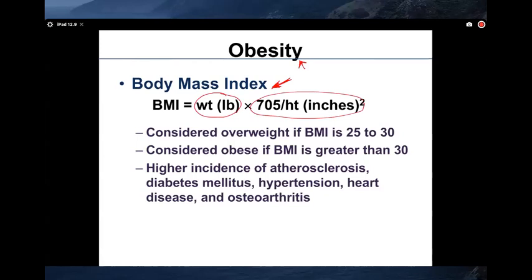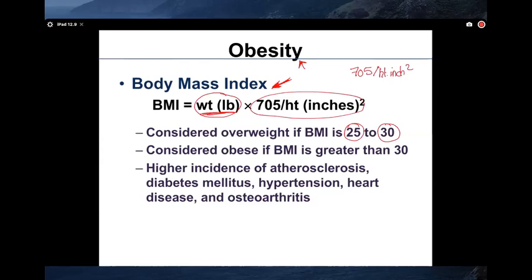A person would be considered overweight if his body mass index is falling between 25 to 30. So the equation here is your weight in pounds times 705 over your height in inches squared.